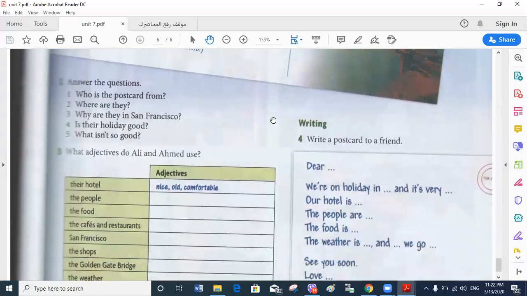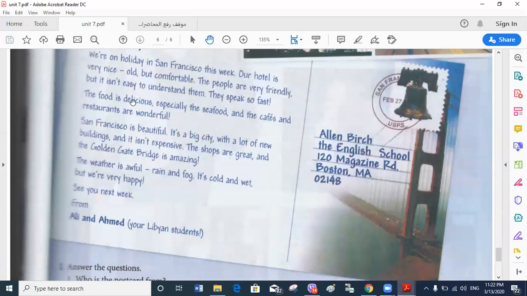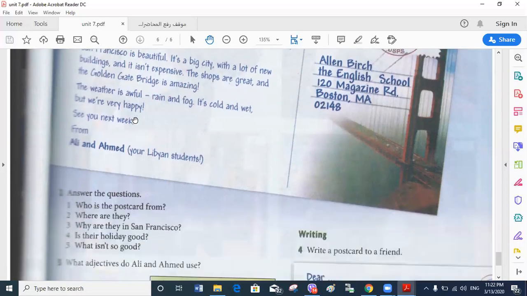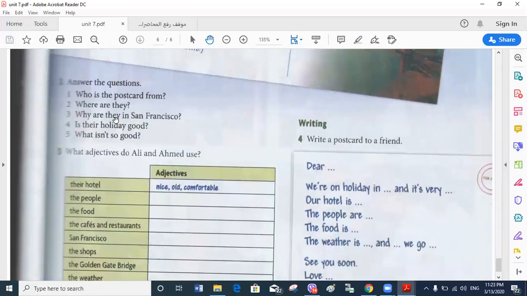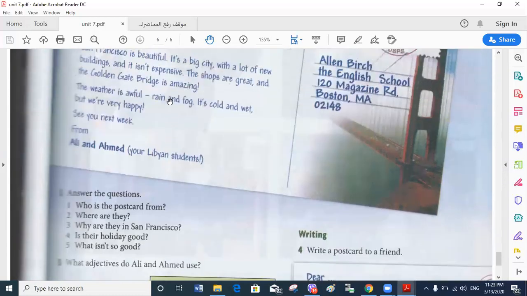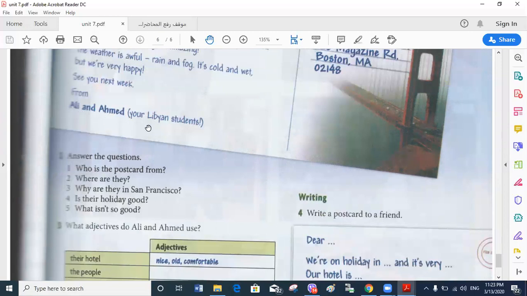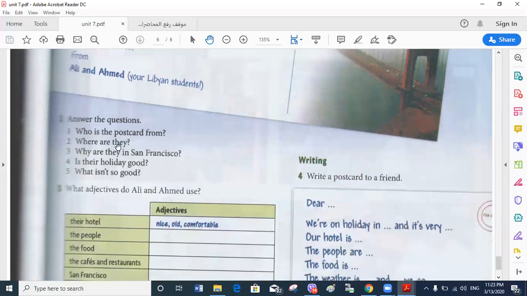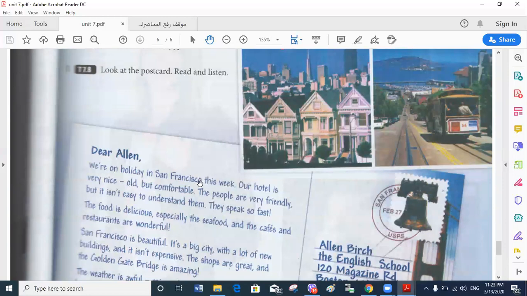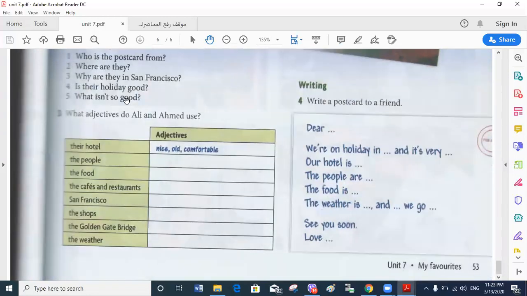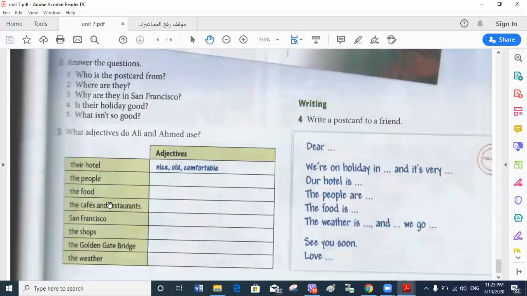And when you read this paragraph or postcard, you can answer who is the postcard from? Who sent this postcard? It's from Ali and Ahmed. So where are they? They are in San Francisco.